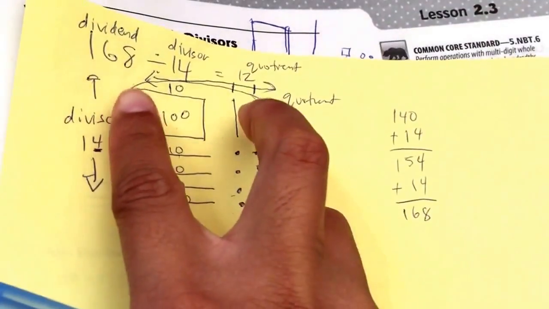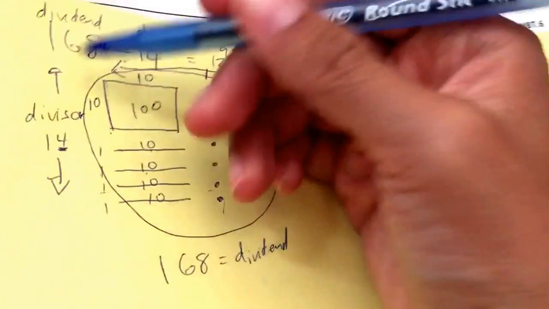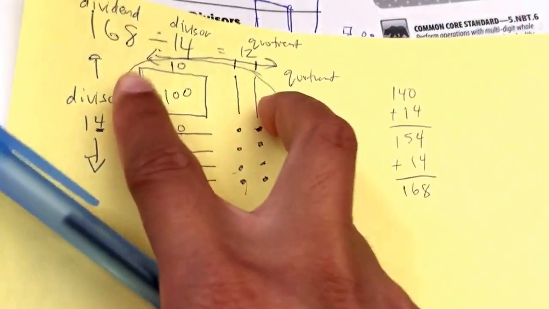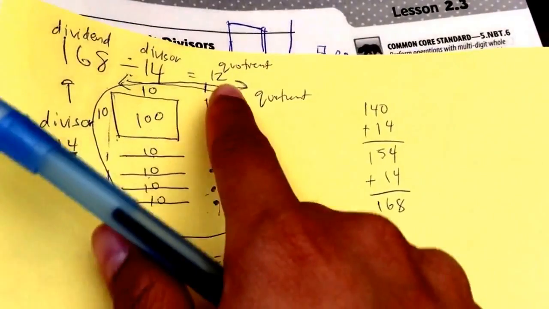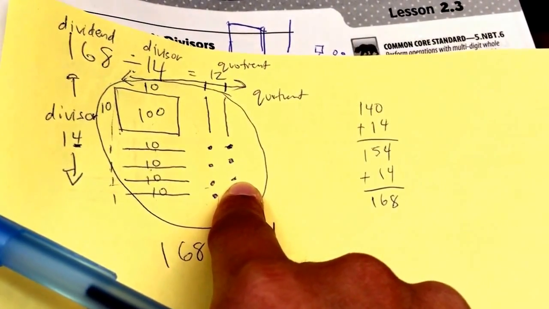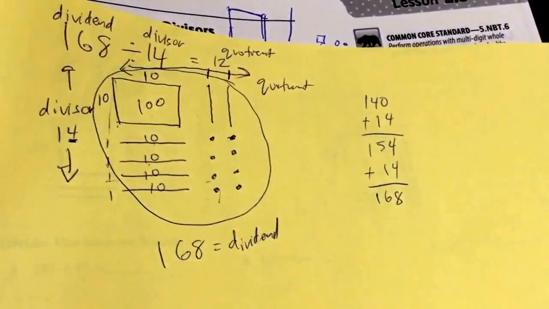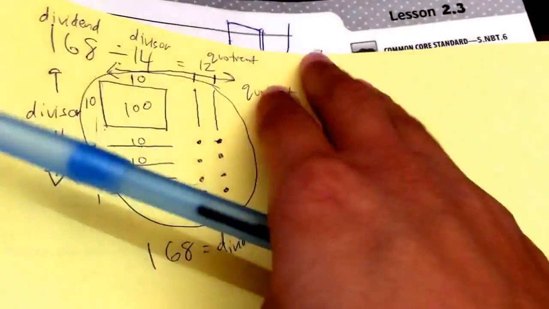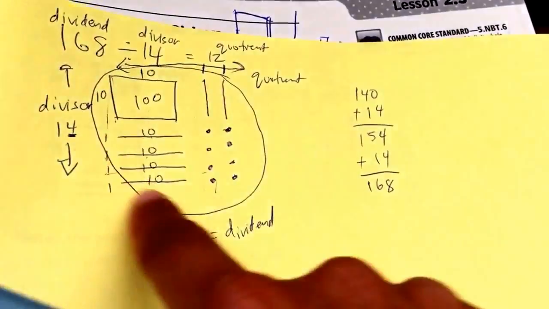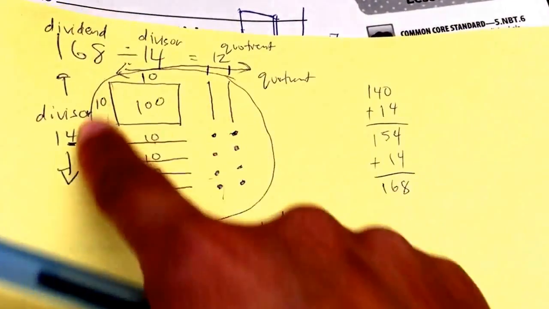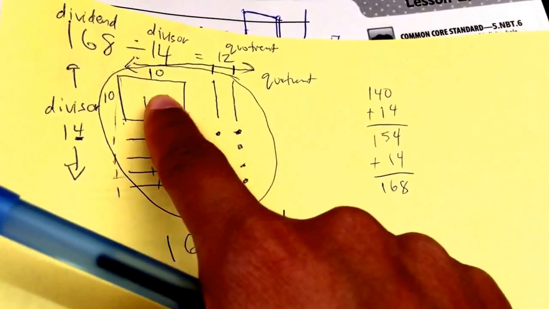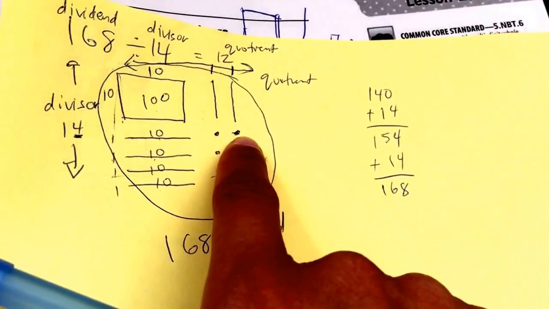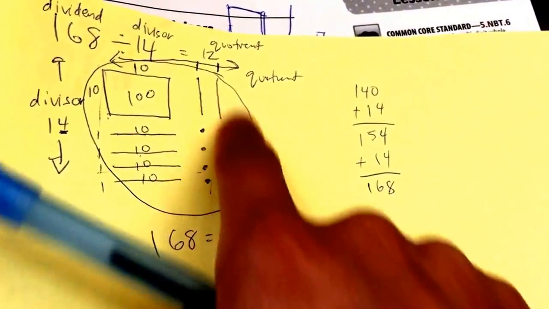What you do is you count the amount of columns. So our divisor is going up and down. Our quotient is going left and right. There are 10, 11, 12 columns. That's our quotient. So within this picture, the dividend is the total amount of flats, longs, and small cubes combined.